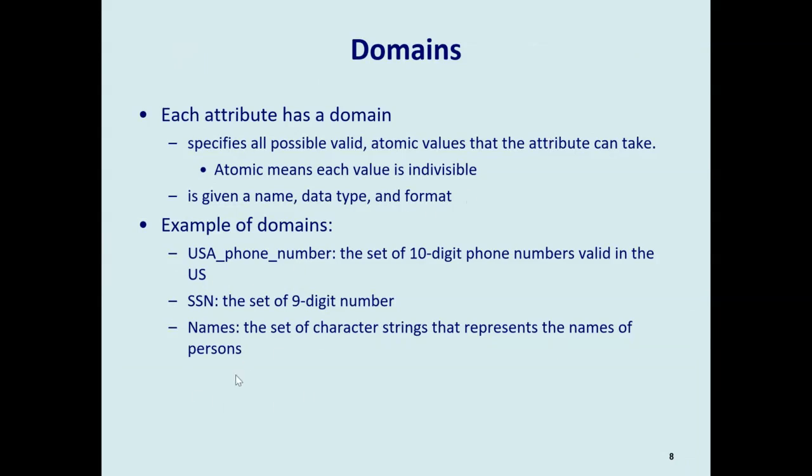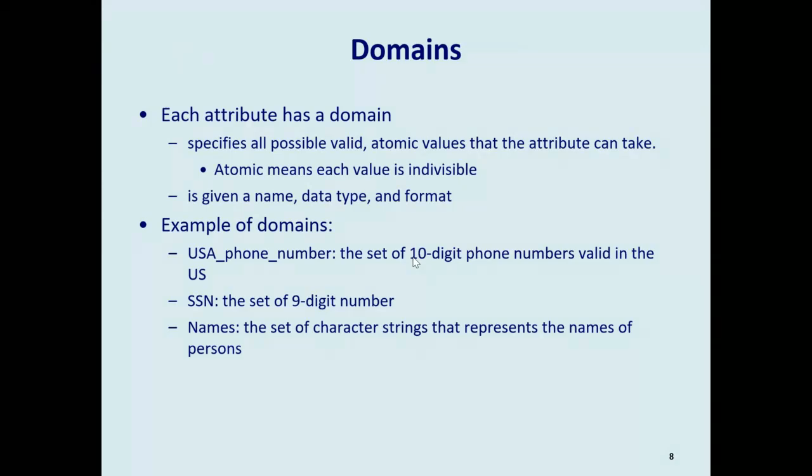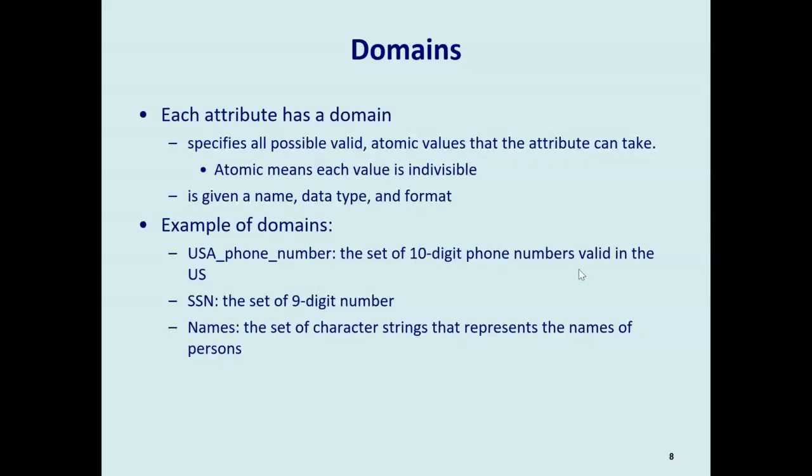Here are some examples of domains. For the USA phone number, it should be the set of 10-digit phone numbers that are valid in the US. So we can easily identify several invalid phone numbers, like phone numbers with all 0s, all 1s, or all 9s, which are not numbers used in reality.